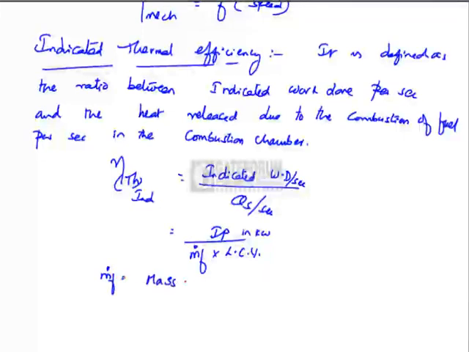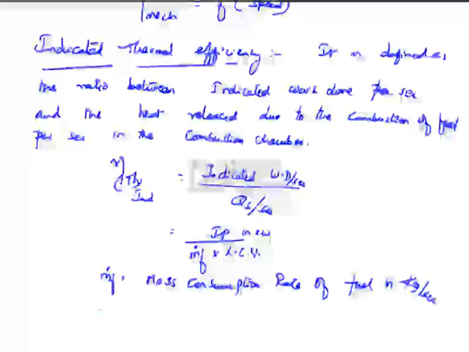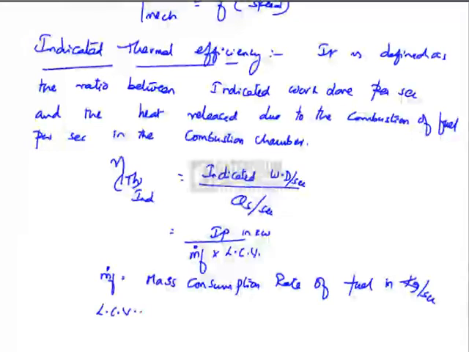Where m dot f is mass consumption rate of fuel in kg per second, and LCV is lower calorific value of fuel in kilojoule per kg.